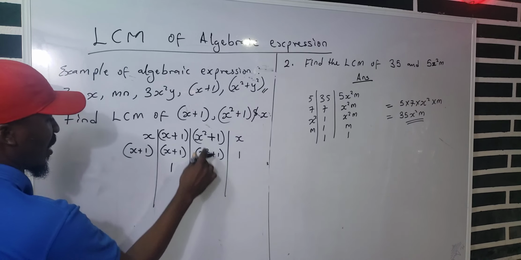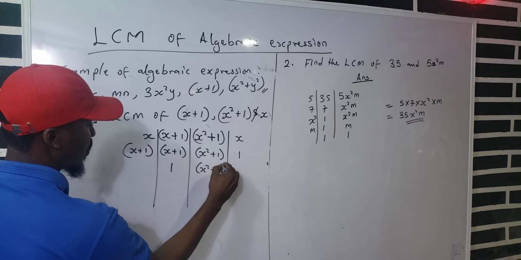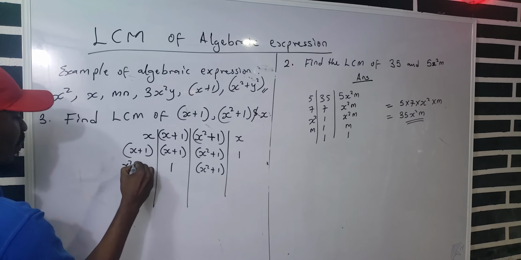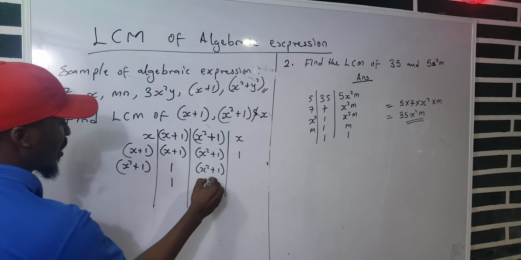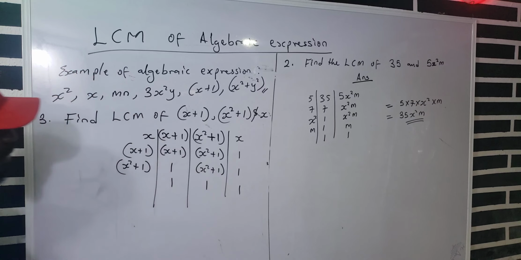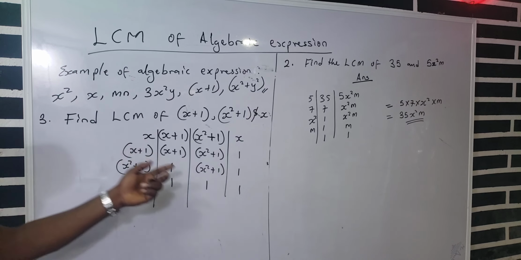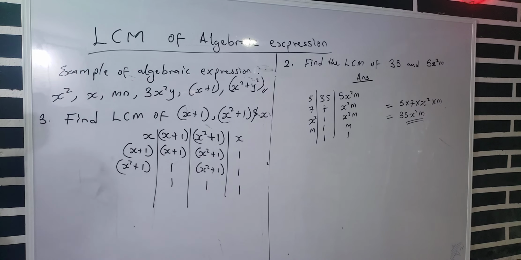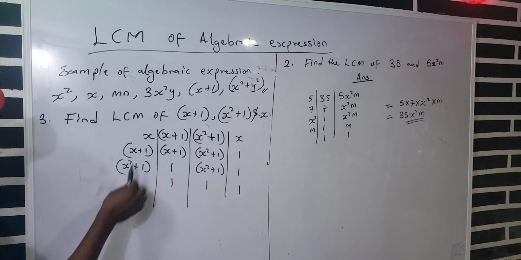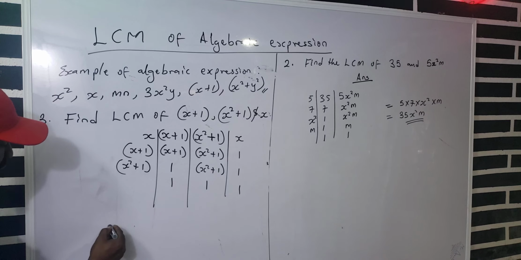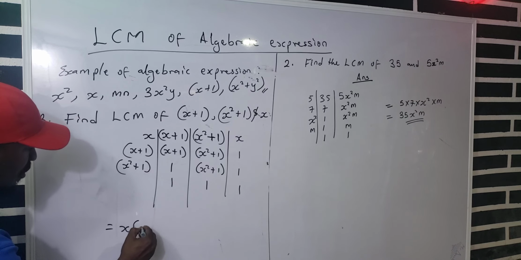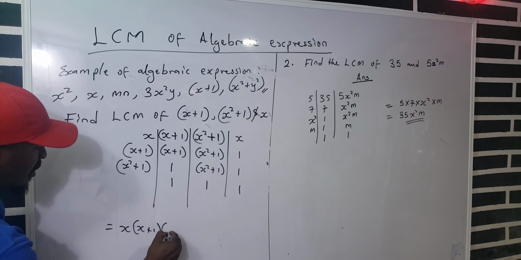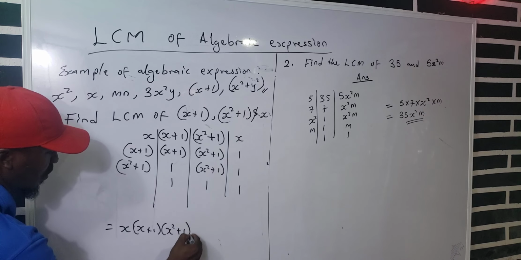So we have 1 here, we have s squared plus 1, then we have s squared plus 1 here, we have 1, 1, 1. So when you do what we have been doing, which is to find the product of what we have here, that will give us s into s plus 1, s squared plus 1.